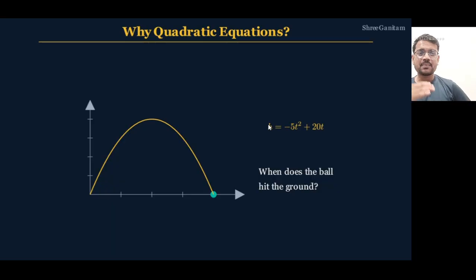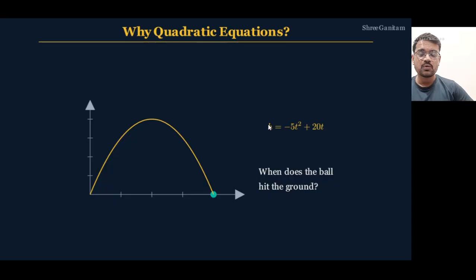If the time is t, then the height is given by h equal to minus 5 times t squared plus 20 times t. Our question is when this ball is going to hit the ground again.